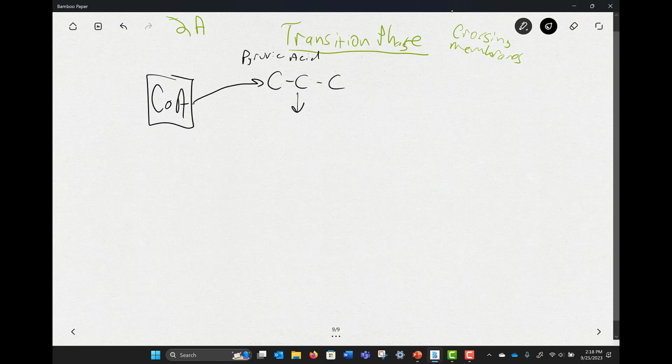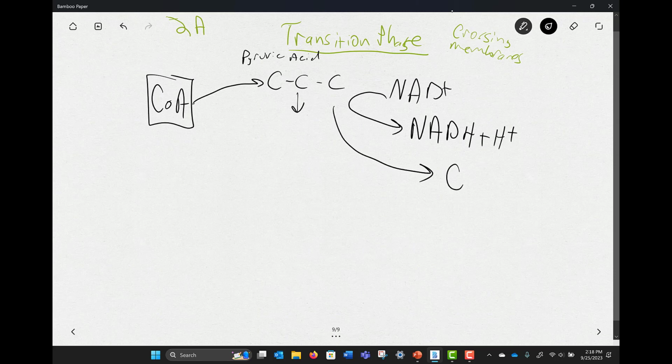Now, at the same time, an NAD+ is going to come along and do what he always does. He's going to take some electrons and some protons, become NADH plus H+. And when that happens, a molecule of carbon dioxide is going to be lost as waste.